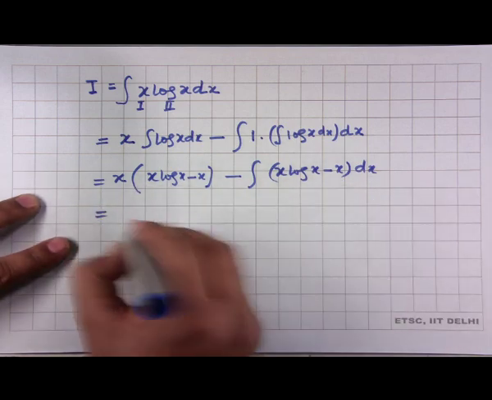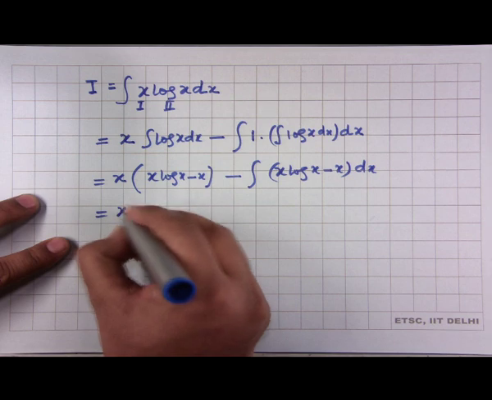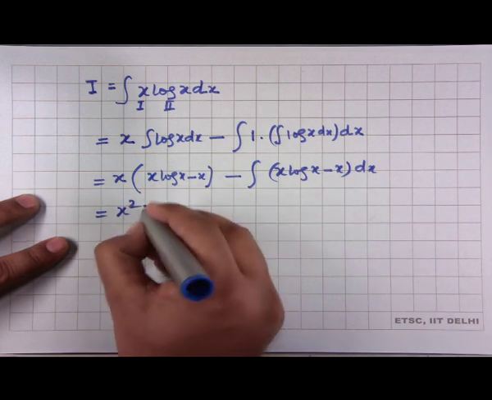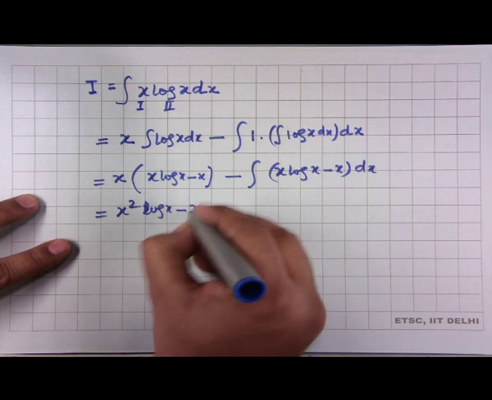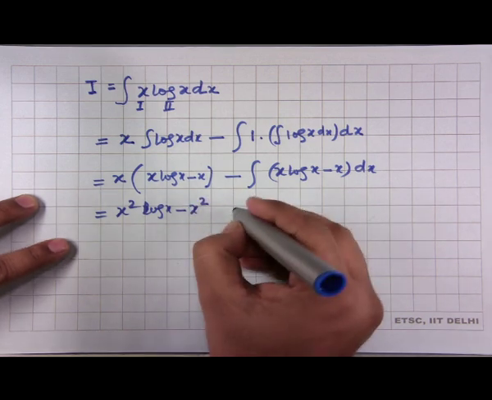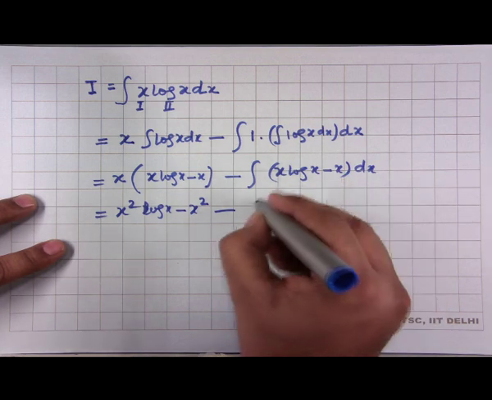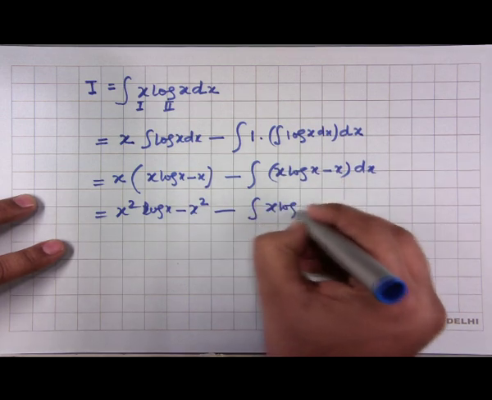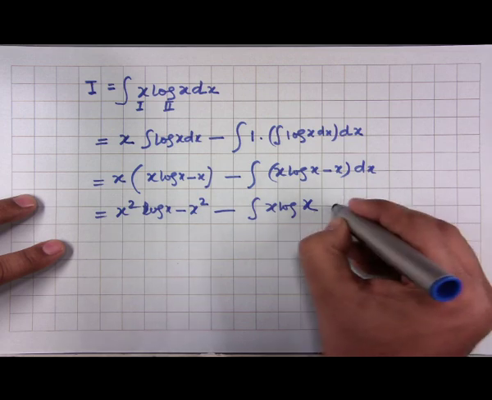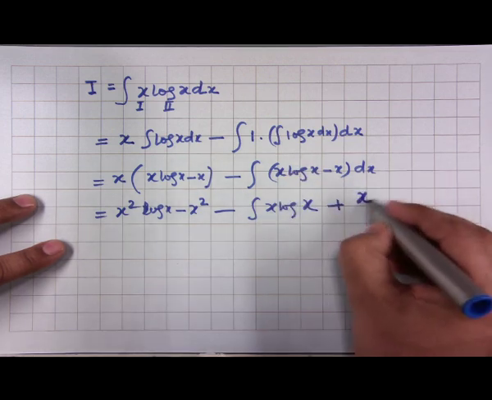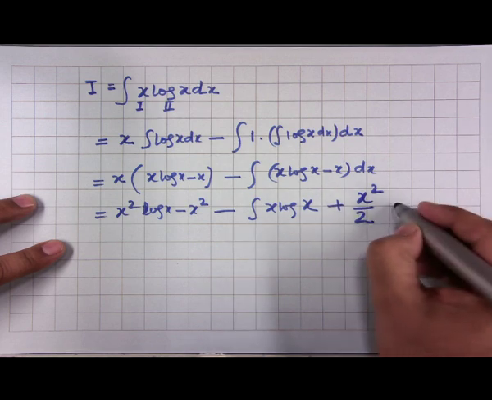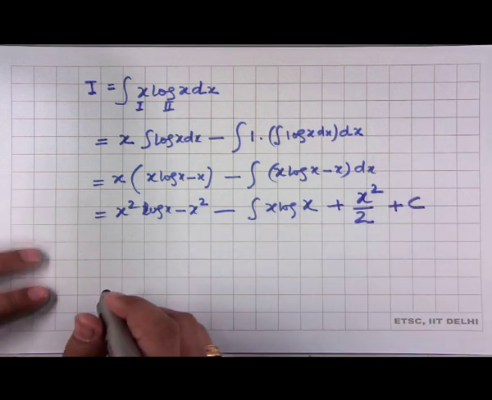So, this further goes to x squared log x minus x squared, minus the integration of x log x, and then plus x squared by 2, and then finally a constant of integration.